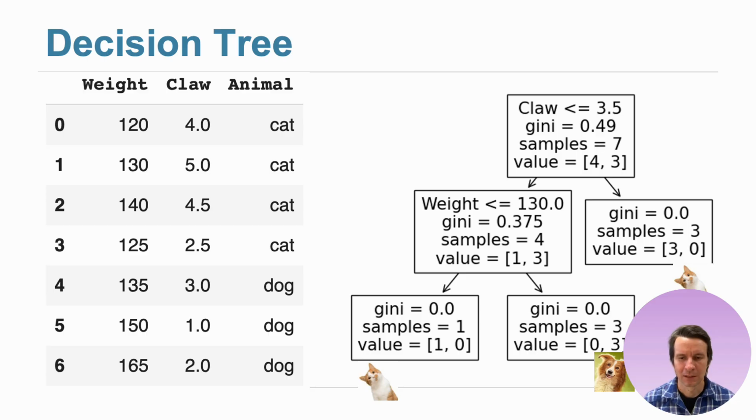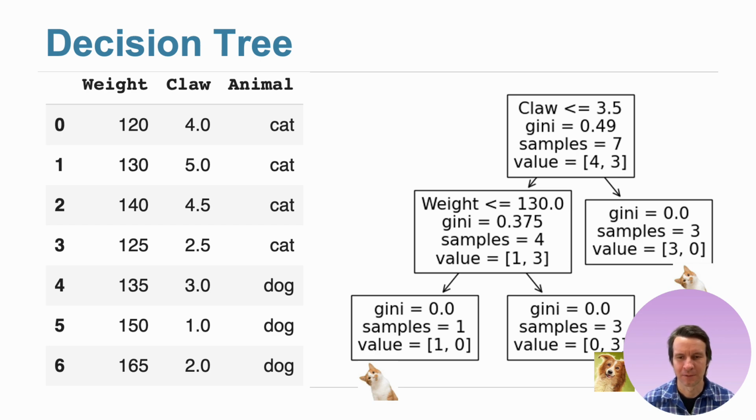Okay? And in this decision tree, whenever you get to the value that has one of the entries 0, it's clear that it must be a dog or a cat. Right? And if you have an unknown animal that you want to test, you start at the top, you ask the questions that are in the first line of the notes, and as you go down, you are getting closer and closer to being either a cat or dog.